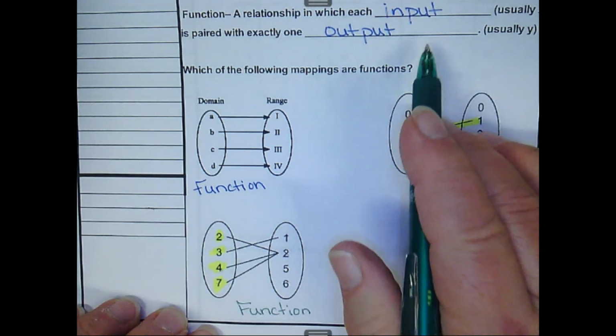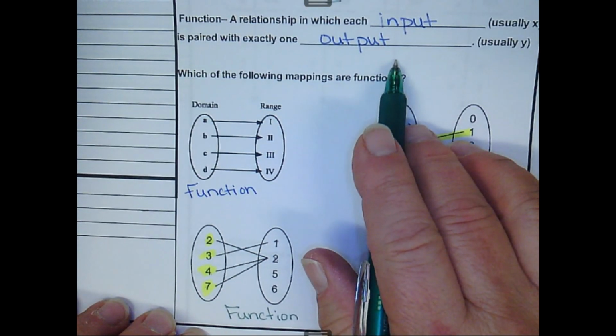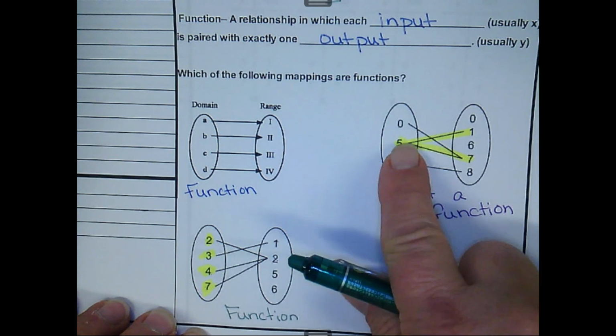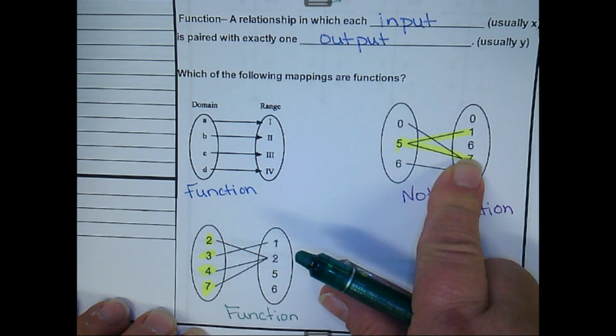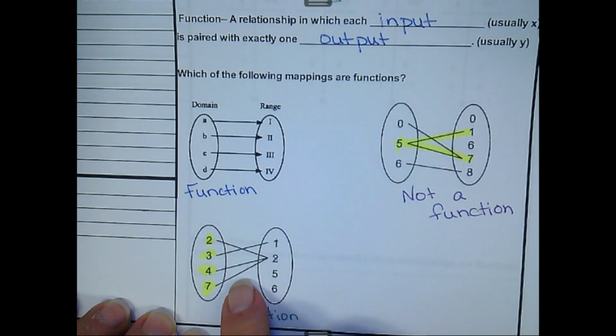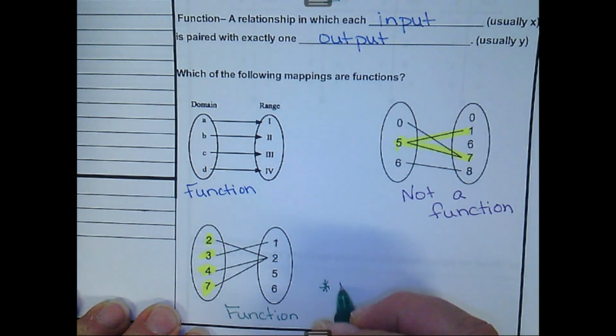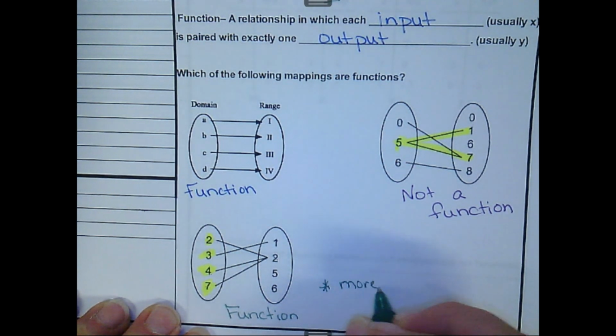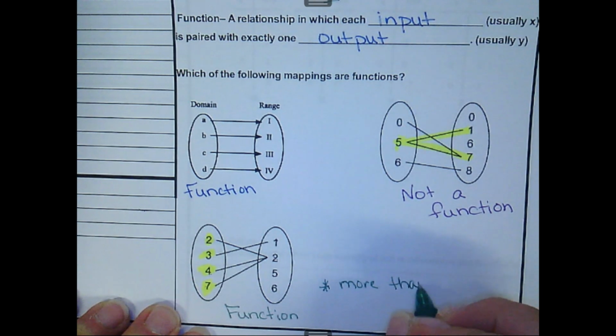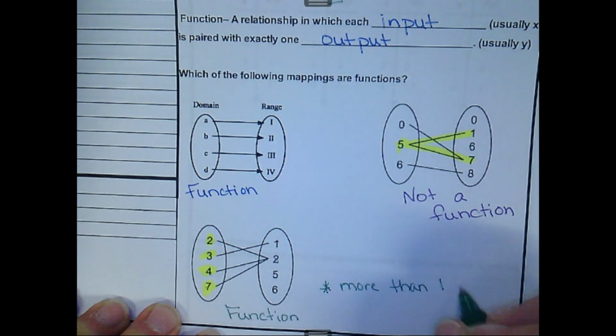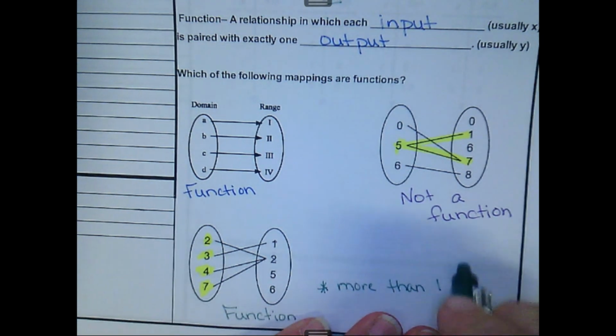It says each input can only go to one output. This 5 went to 1 and it went to 7, so that was not a function. Even though we've got 3 of the numbers going to 2, this is still a function. More than one input can go to the same output.